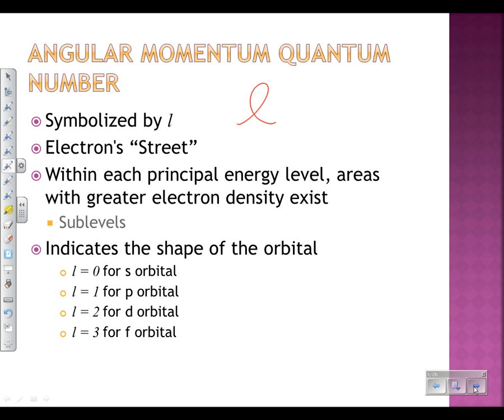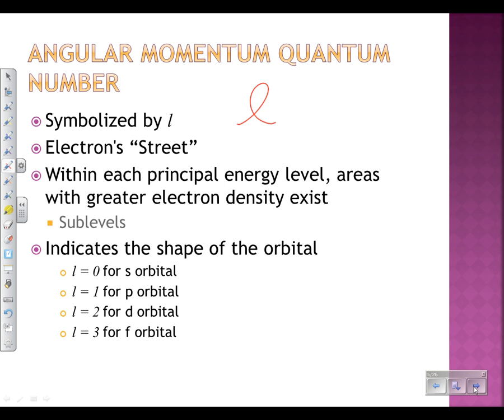What we find out is that these sublevels start showing a distinctive shape. And we give these shapes different letters to distinguish them from one another. On your outline, you'll see that we have those shapes towards the top of page 2.